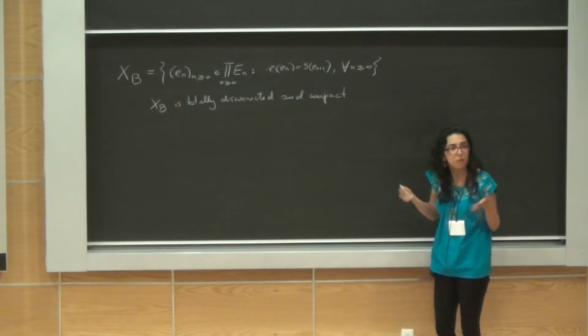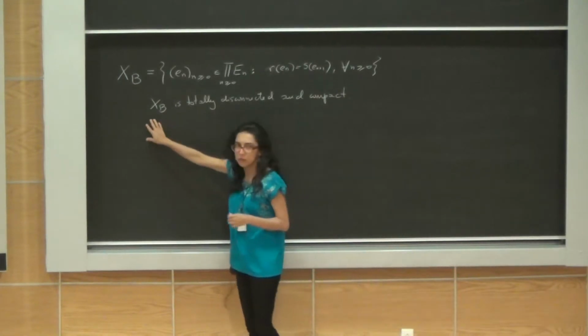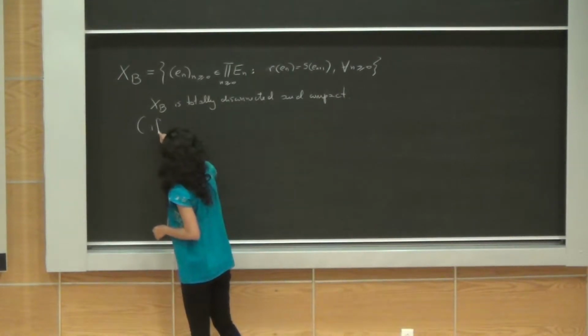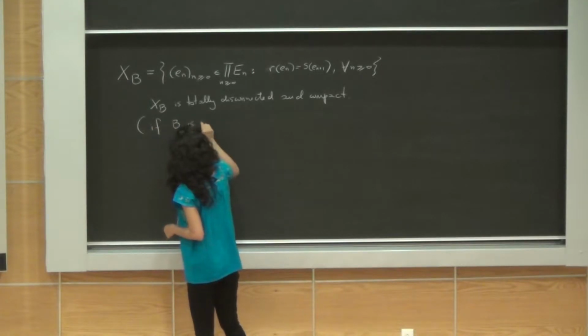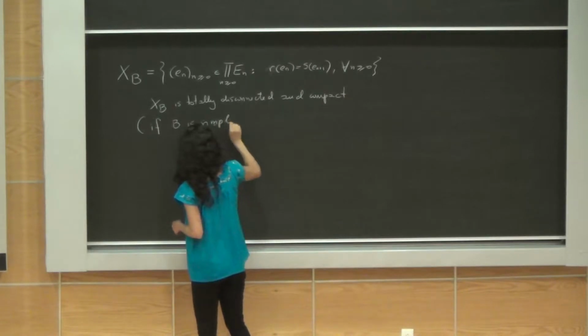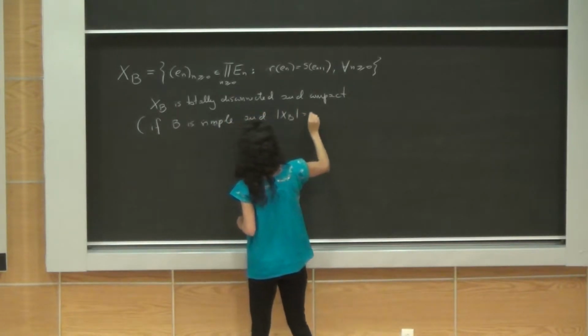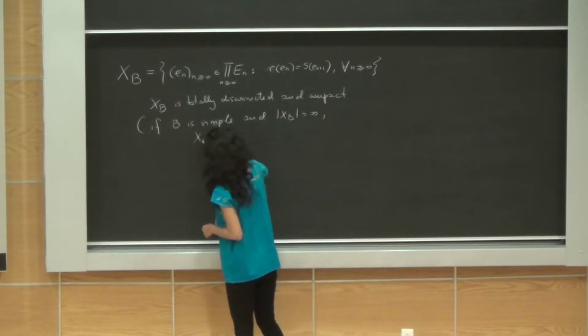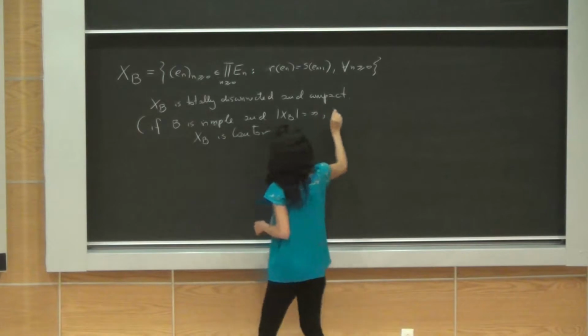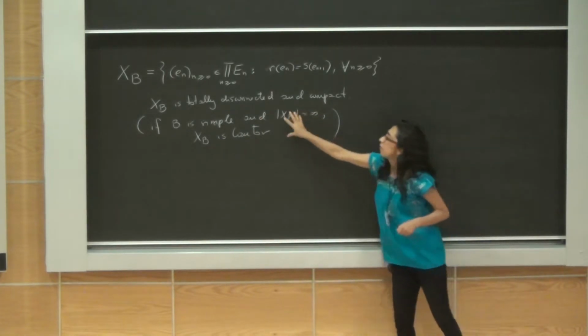So this is the way to ensure that this will be a Cantor set. And we are going to work with this kind of Bratteli diagrams, always simple, and this set always infinite.